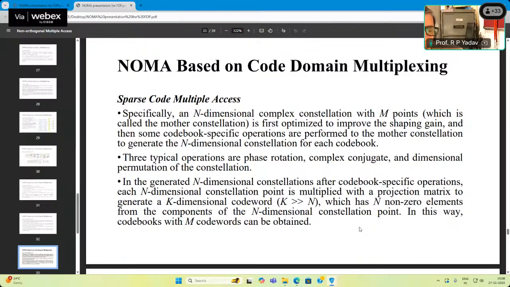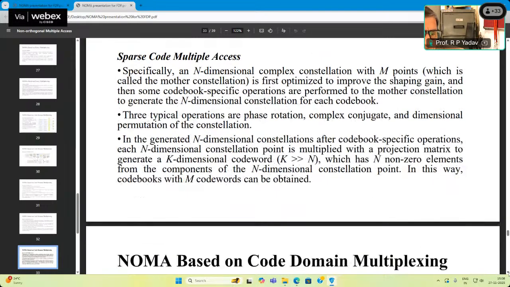In the generated n-dimensional constellation after codebook-specific operations, each n-dimensional constellation point is multiplied with a projection matrix to generate a k-dimensional codeword, which has n non-zero elements from the components of the n-dimensional constellation point. In this way, a codebook with m codewords can be obtained. That's one process that has been worked out.